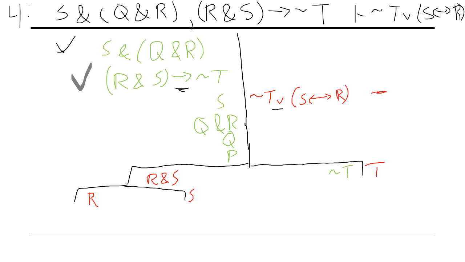So what's the main operator? The main operator is a wedge. So if a wedge is false, we stack it. So we've got to stack it on each one of these lines here. So both of these have to be false. So not T. I picked orange.